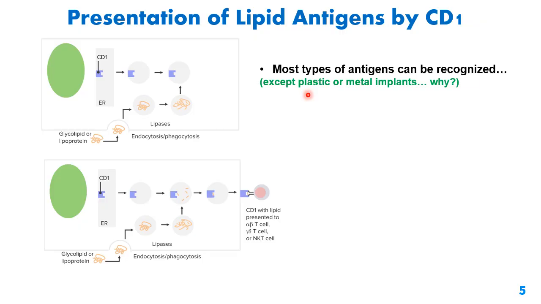Except some antigens that are a bit strange, mainly because they were not part of nature, or they were not supposed to be in your body in the first place. Like, for example, here, we say plastics don't really get detected by the system as far as we know, and things are always changing in immunology as we learn more about it, right? And they're saying metal, also like metal implants, do not get detected by this system. And the question here is why?